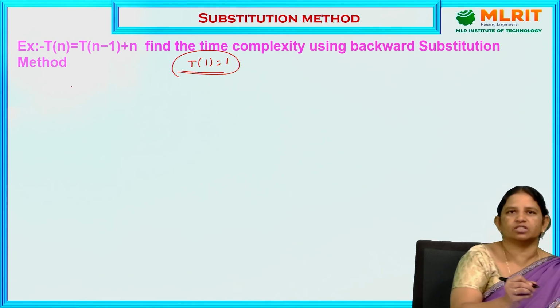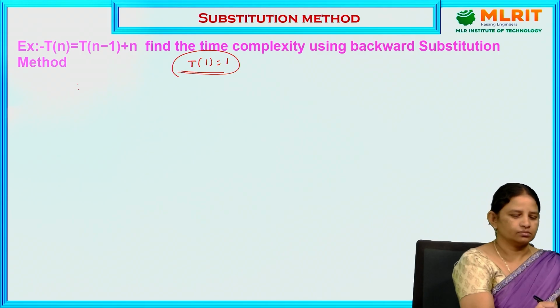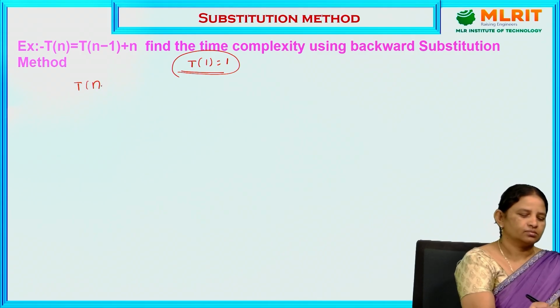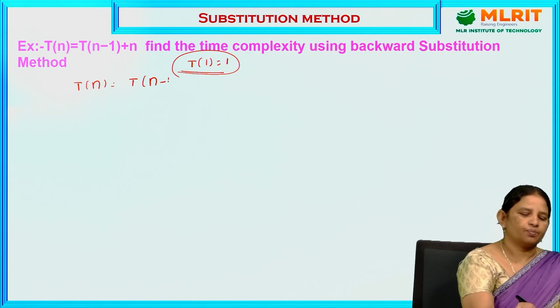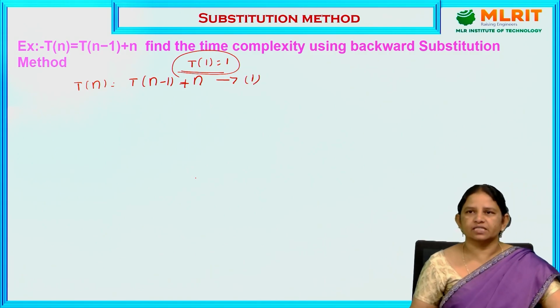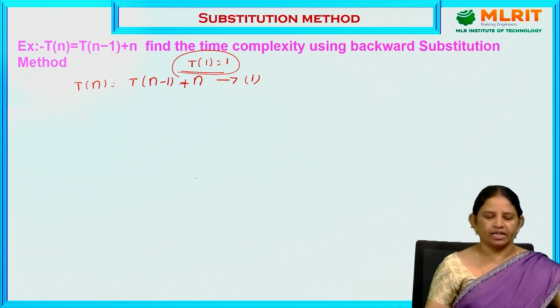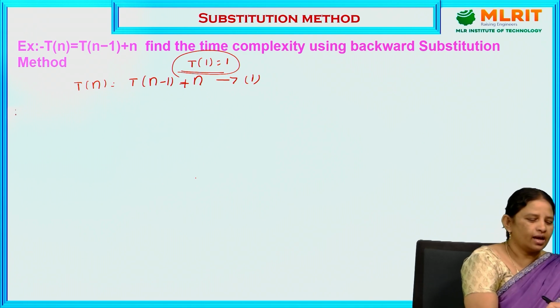Consider the equation as T of n equal to T of n minus 1 plus n. This is equation number 1. Substitute n equal to n minus 1 in equation number 1.